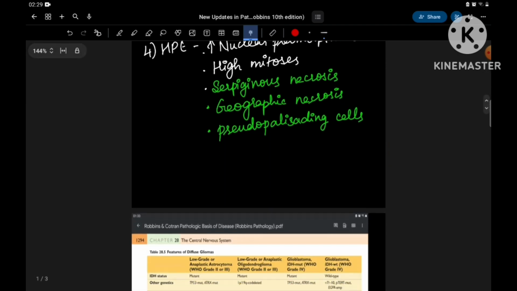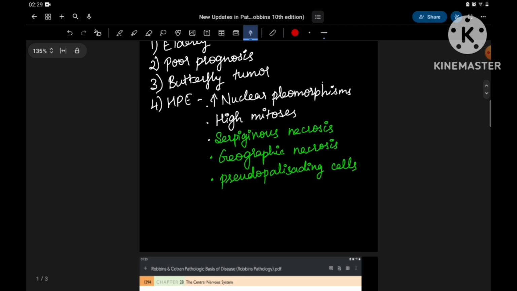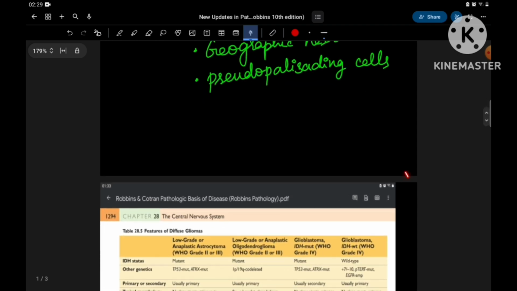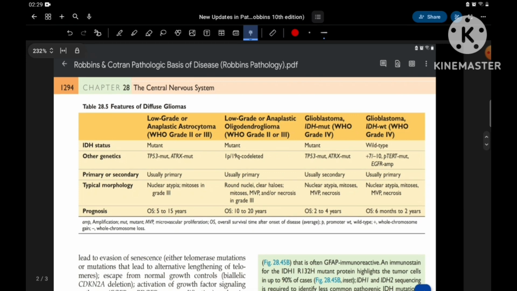Mainly it is a dangerous and very bad tumor with a poor prognosis, right? This picture is from Robbins 10th edition. You can see the page number, 1294. If you have the book, you can turn to it, or you can see it from here.